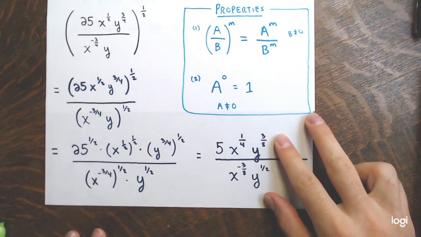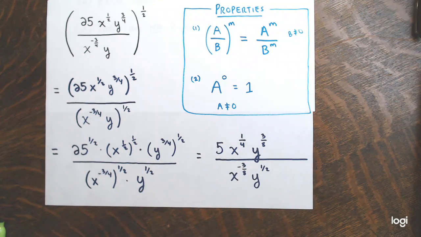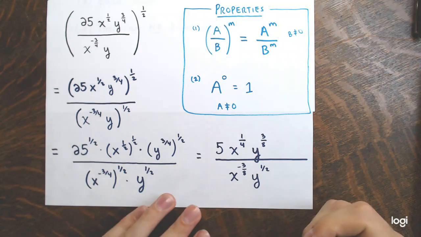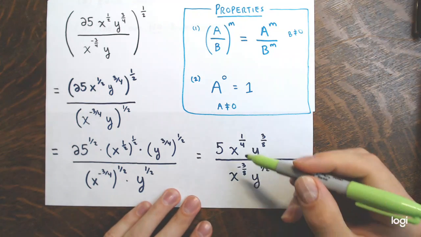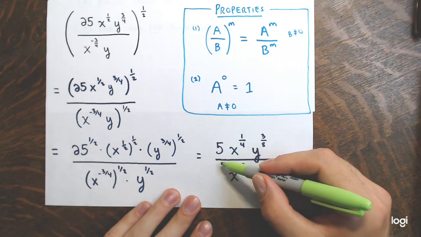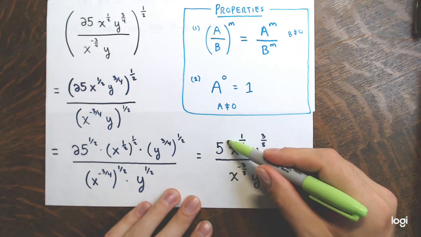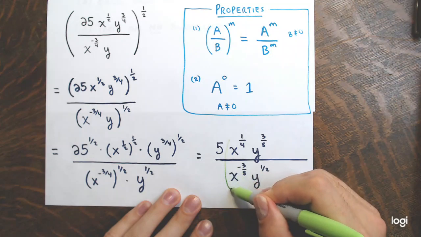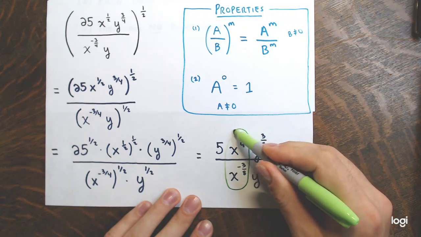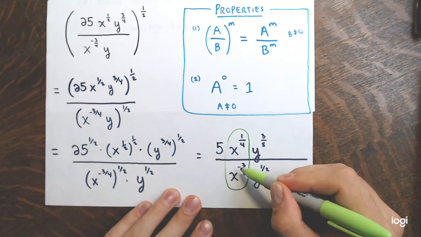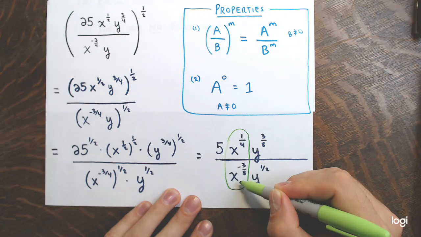All right, so what I'm going to do is, like earlier, use that division property. So I got this is 5 over 1. You see I have these two bases of x that are these two factors. There's a factor in the numerator with a base of x, and a factor in the denominator with a base of x.